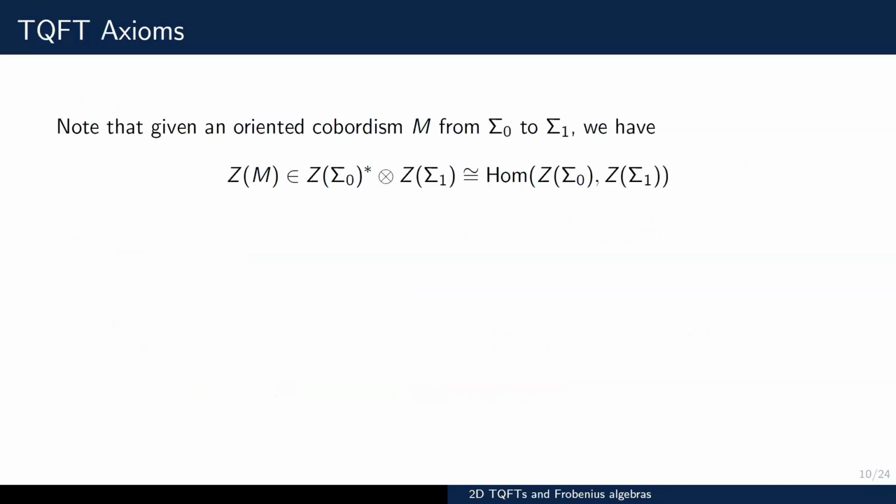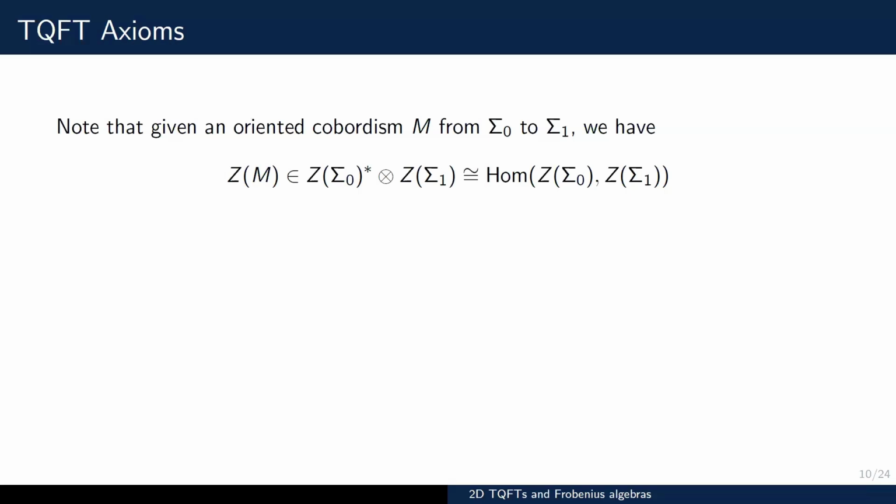Here is where we get to the original main thing: if we have an oriented cobordism from say sigma naught to sigma 1, since one is the in boundary, one is the out boundary, they have opposite orientations.